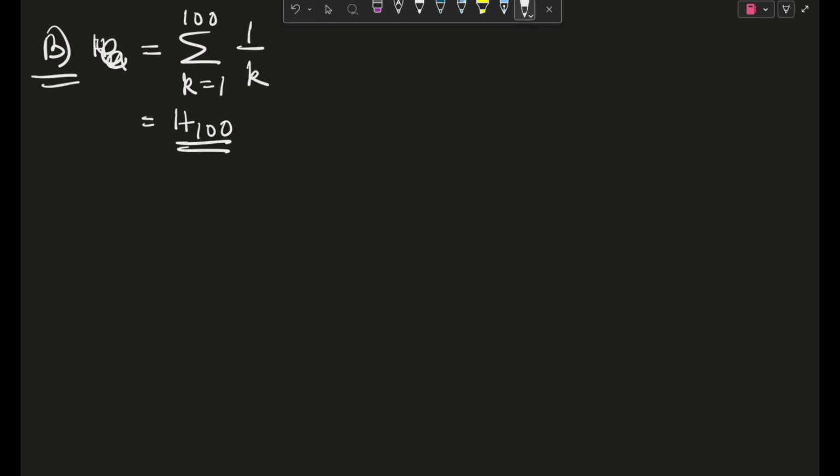This was actually our S, I'm sorry. S was given to be equal to h100. Hn is actually called harmonic number. 1 is h1, 1 plus half is h2, 1 plus half plus 1 by 3 is h3, and so on.